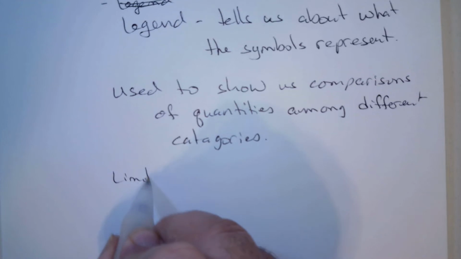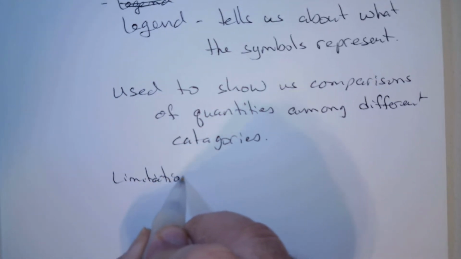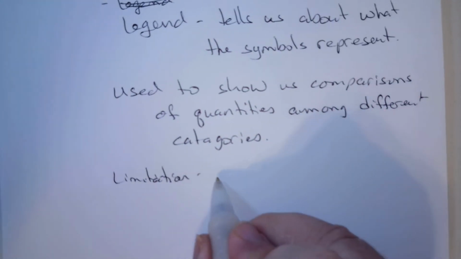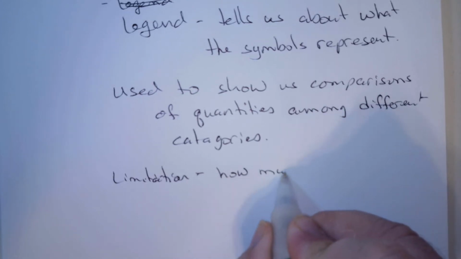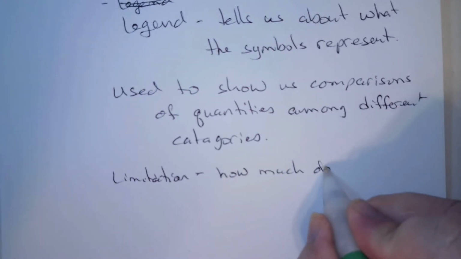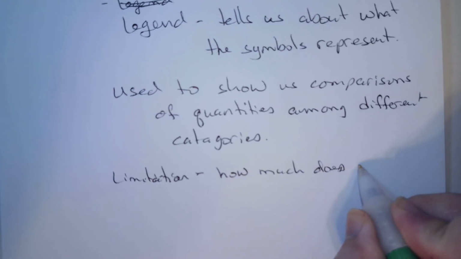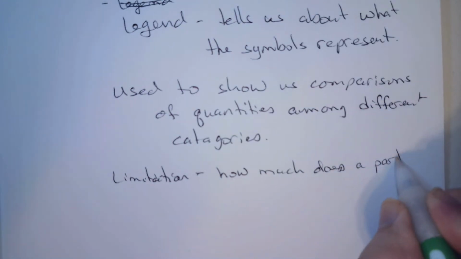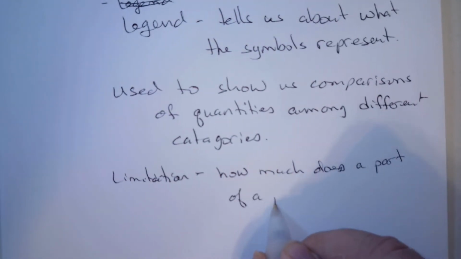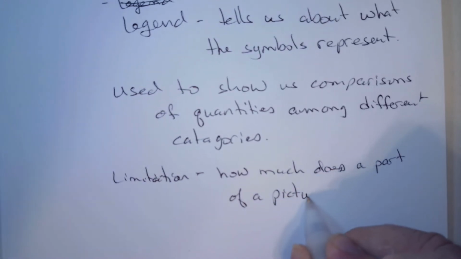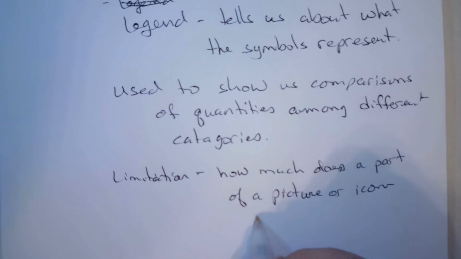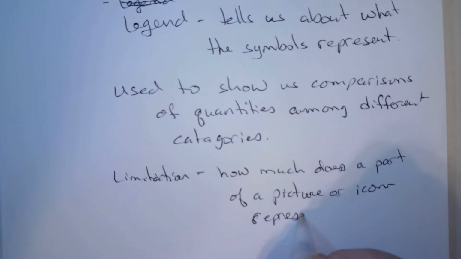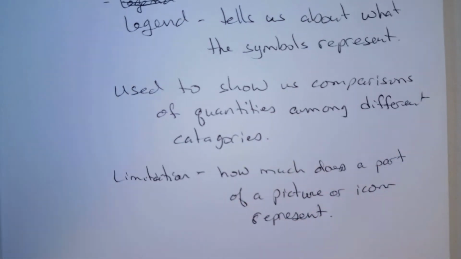A limitation: how much does a part of a picture or icon represent? When you see the example, you know what I'm talking about.